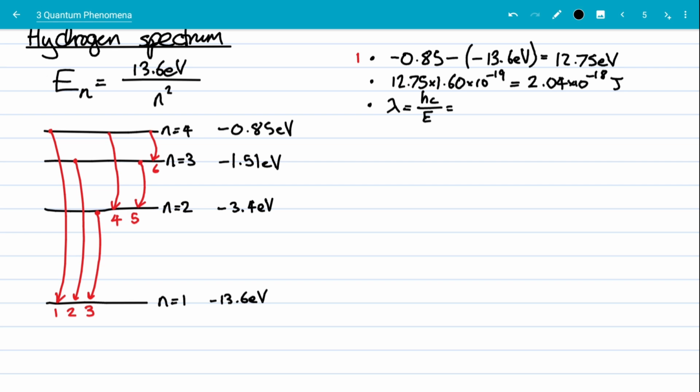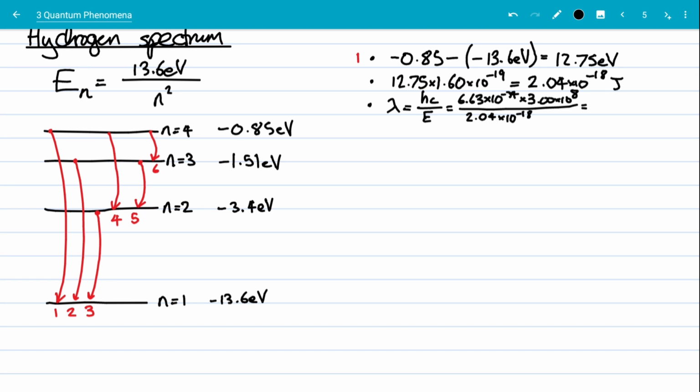My memory is so bad for these things. 6.63 times 10 to the negative 34, which is Planck's constant, times 3 times 10 to the 8, and divide that by our energy of the photon in joules.